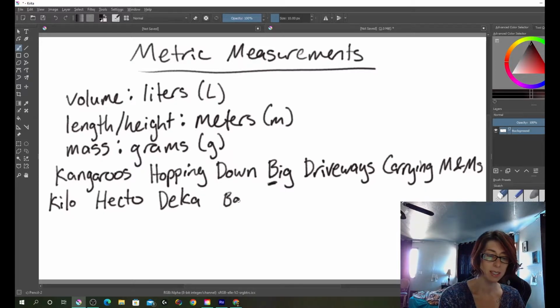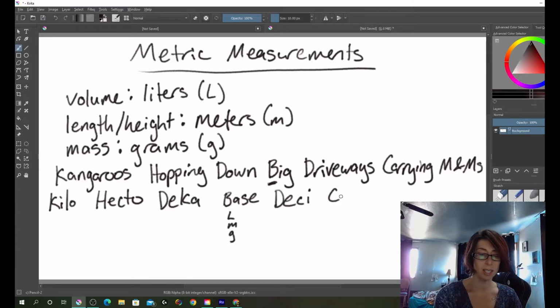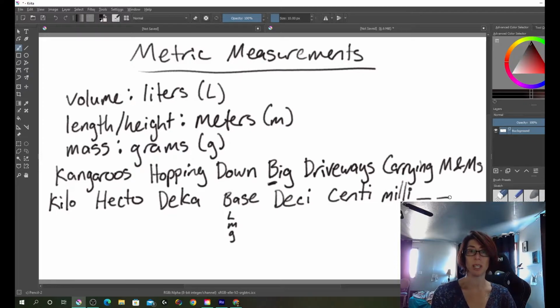So base, and that's going to be either L, M, or G. And then the next D is for deci, centi, milli, and this is where it gets tricky, milli, and then there's 2 unnamed units, and then micro.